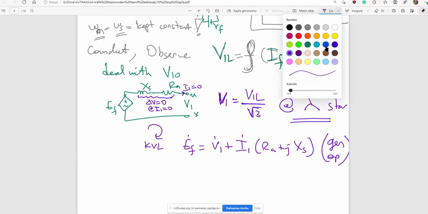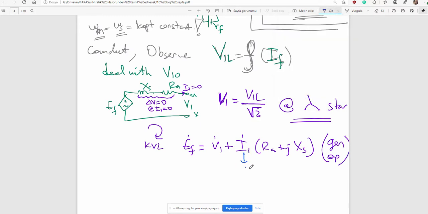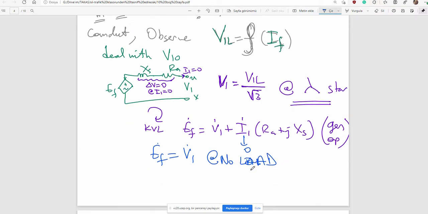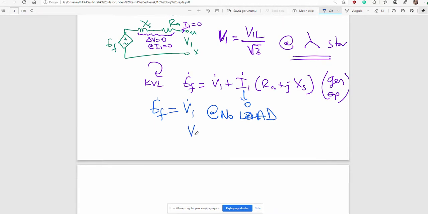And then, since the current is 0, EF is equal to V1. Here you see, under no load, V1 0 is equal to EF.